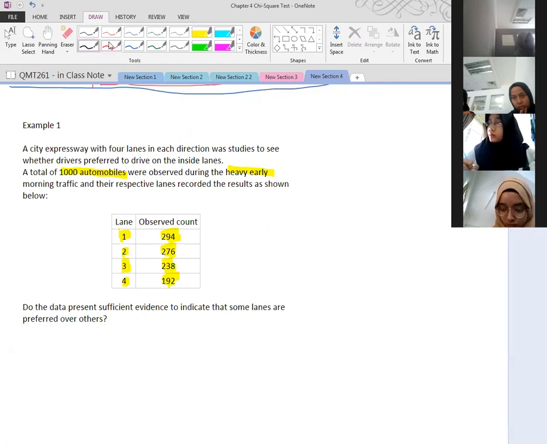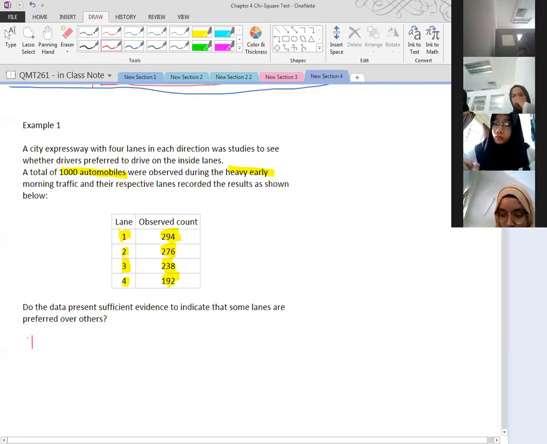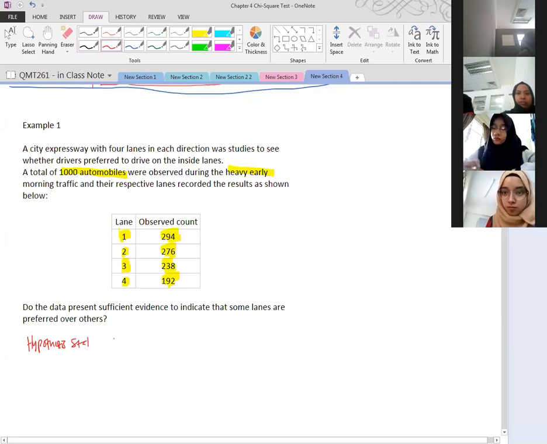So the hypothesis statement should be: if you want to test whether all lanes are equal or at least one lane is preferred, we need to find the probability value.